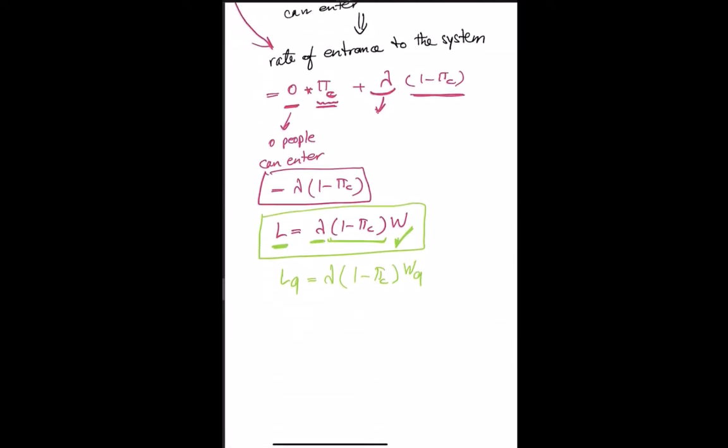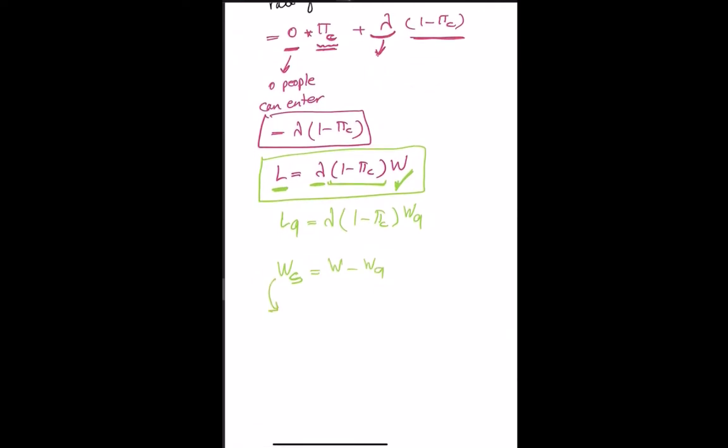And what is WS? We can calculate WS by saying W minus WQ is WS, but can you also tell me in a different way, what is WS? The time in the server. If you know the service rate is mu, what is the time in the server? 1 over mu.